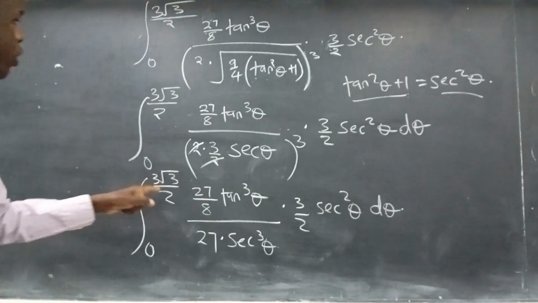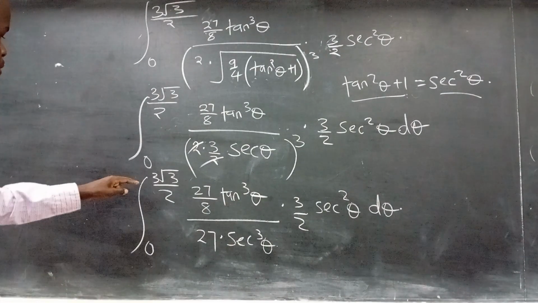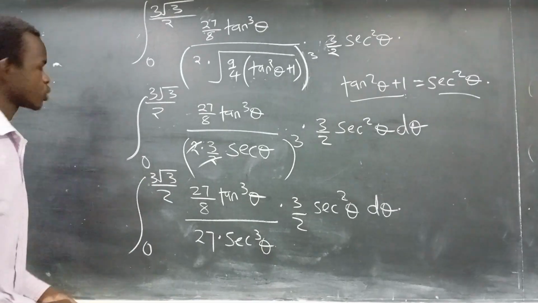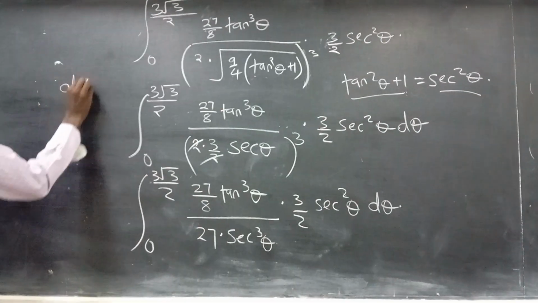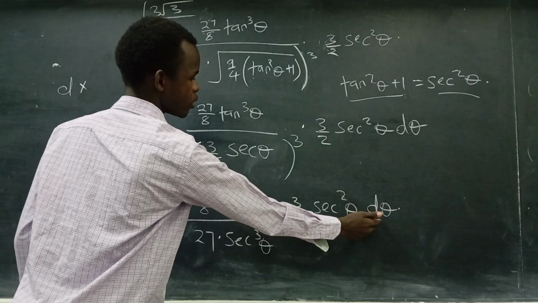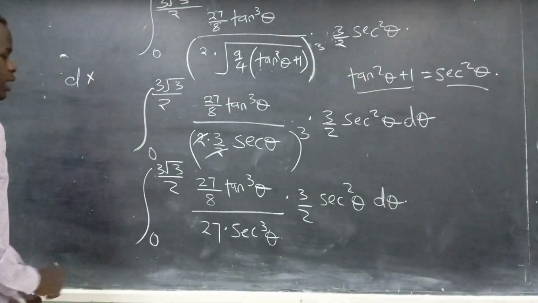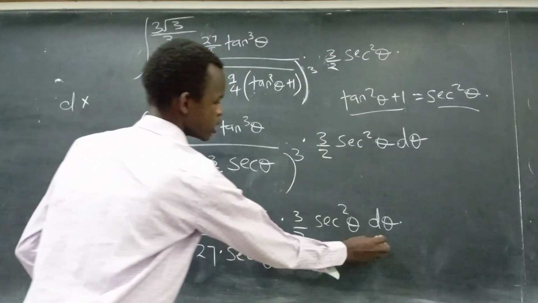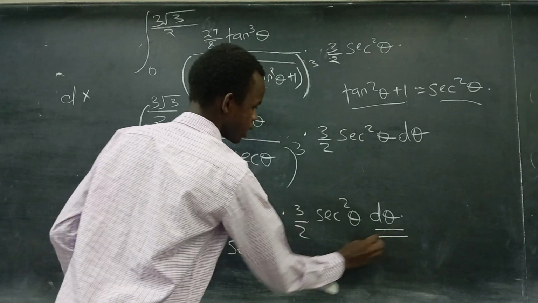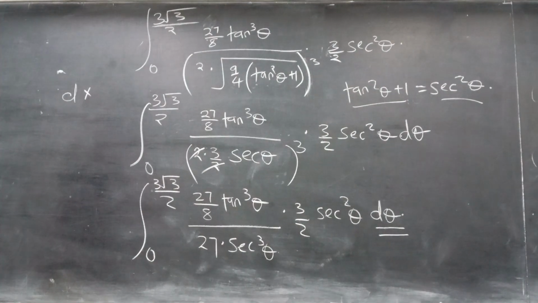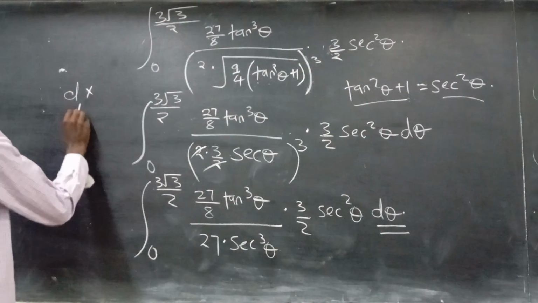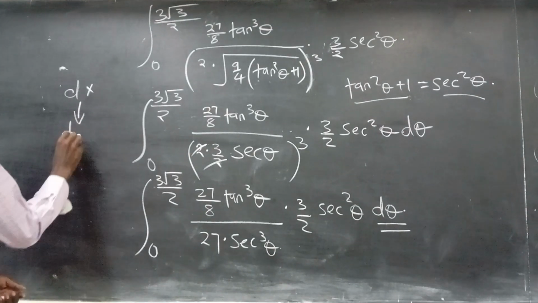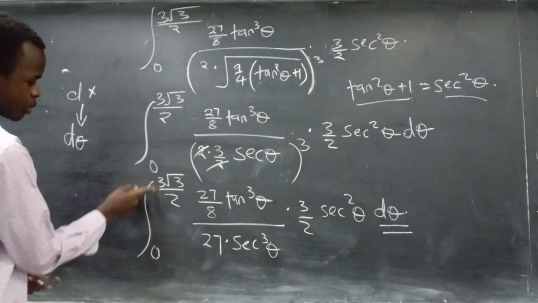But before that, before we continue, we'll have to change our bounds. The one was dx, which we'll try to bring the bounds to the d theta world, okay? So from dx to d theta, we'll try to change the bounds from this part to this part.